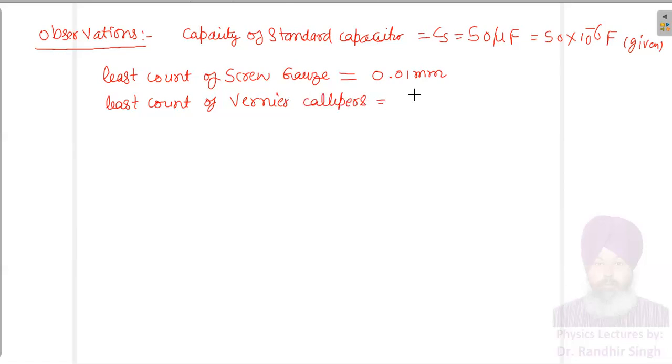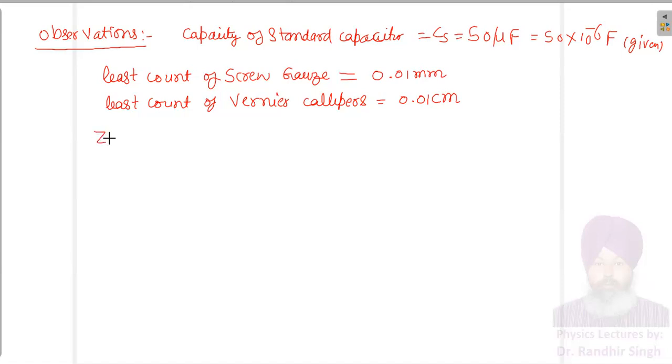I will use 0.01 centimeter as such, but you can very easily find these values because we have done that part in the activity, and you know activity is important. How to find the least count of vernier calipers and how to find the least count of screw gauge has already been covered by all of us. Okay, I guess you will be doing that.